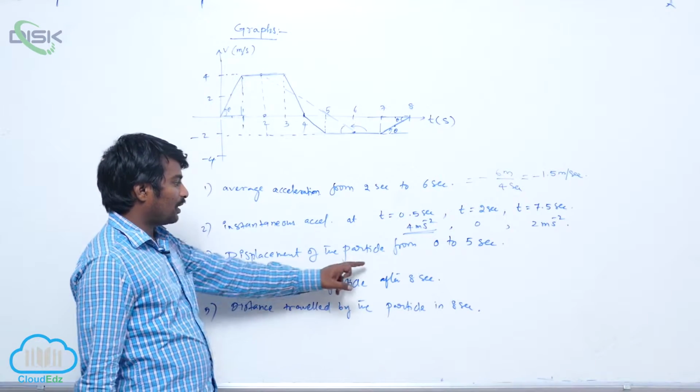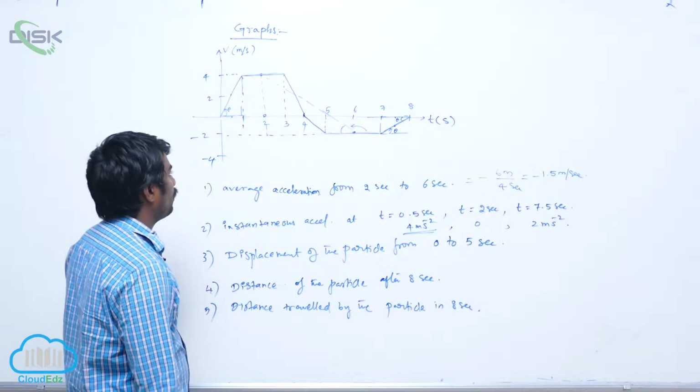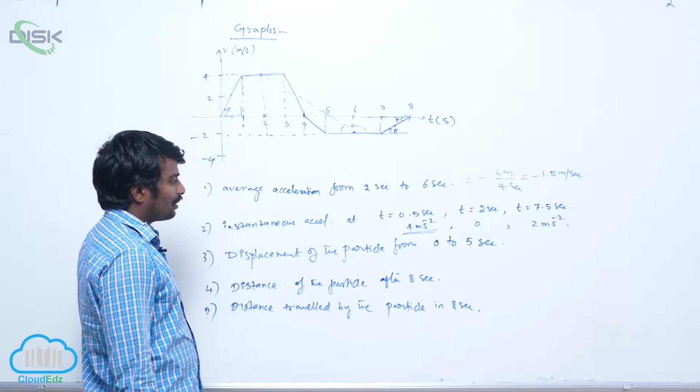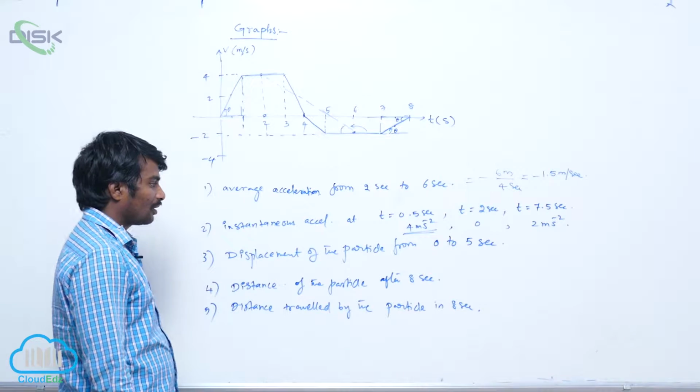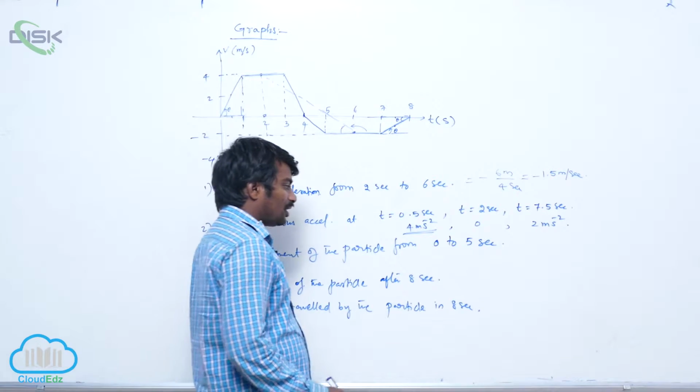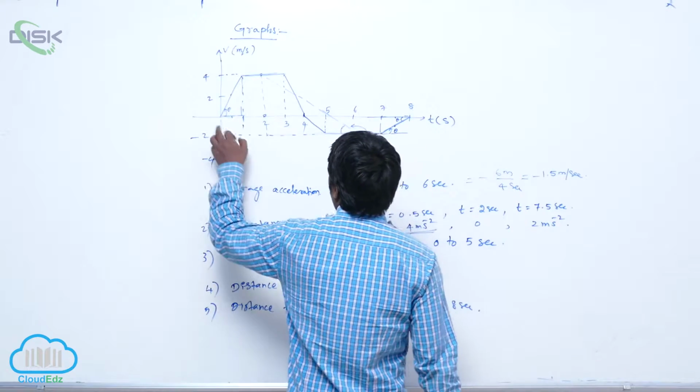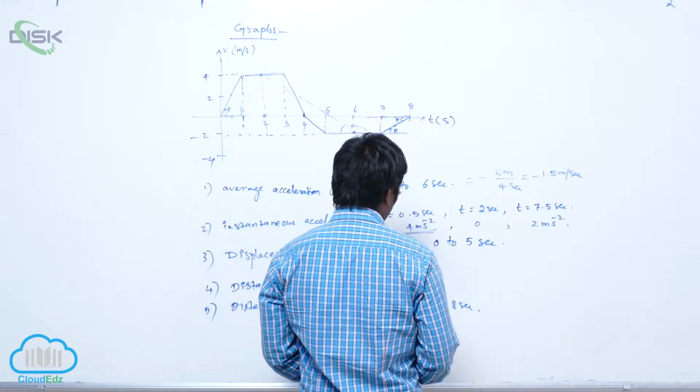Now, displacement of the particle from 0 to 5 seconds. When a VT graph is given, how to calculate displacement? Displacement is equal to the area between the v of t graph and the time axis, that we have studied.